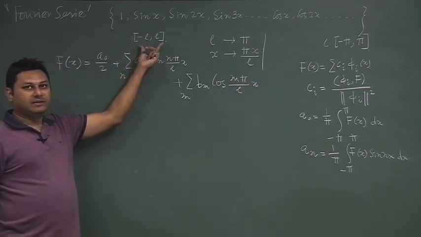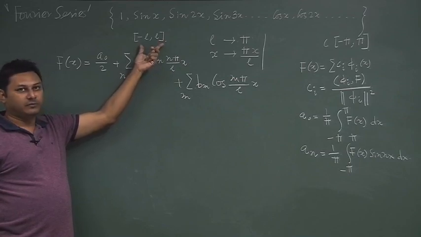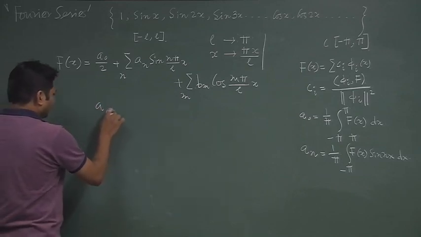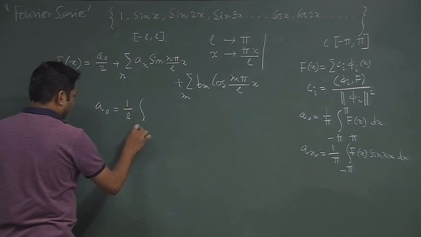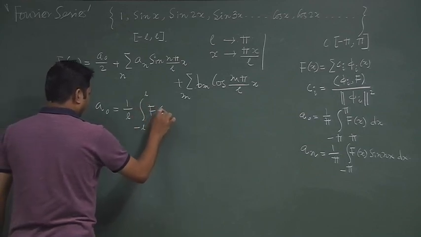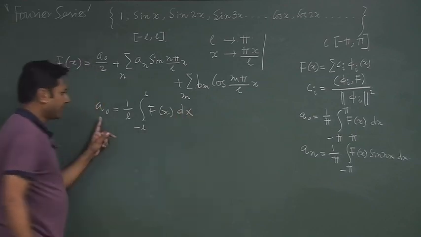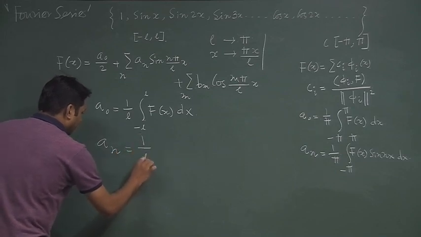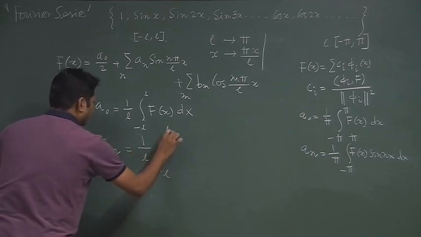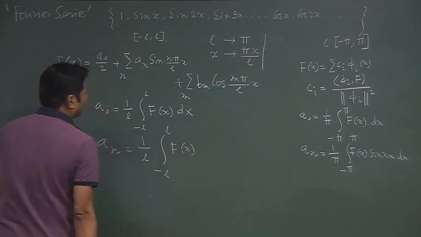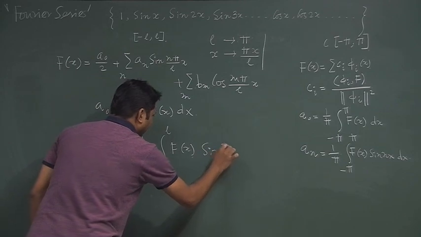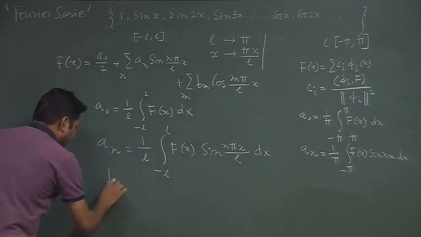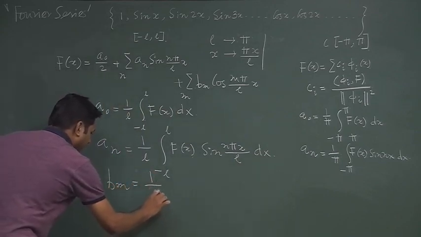Sometimes the limit is given in this way in some problems. We will try to target a few problems where this kind of limits are given, and then the structure will be this, and then a0 will be something like this, a_n will be represented by this, and b_m will be represented like this.